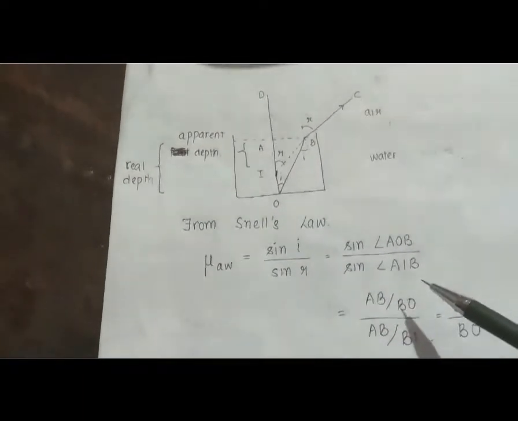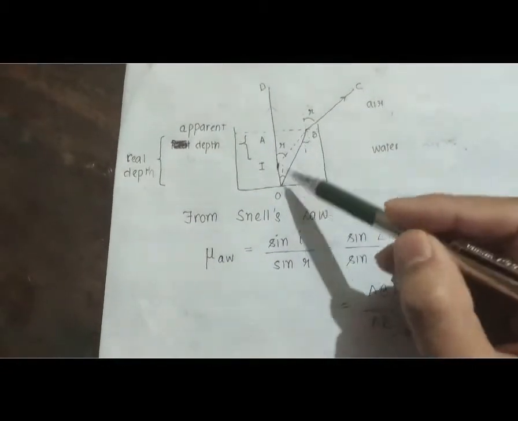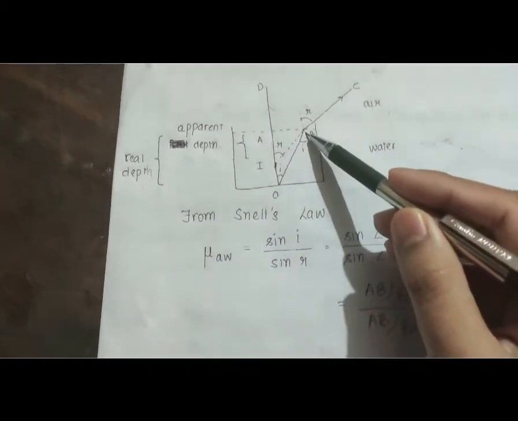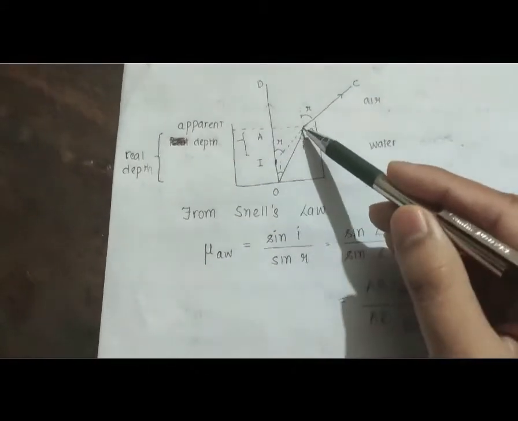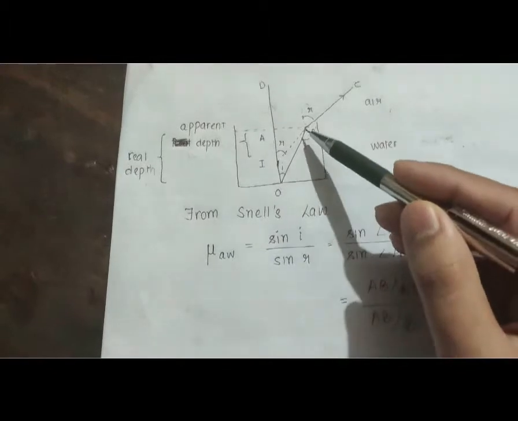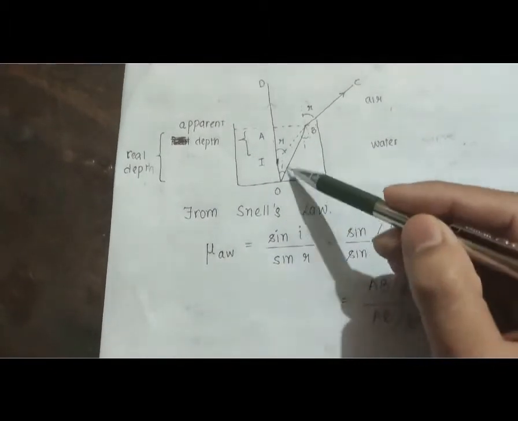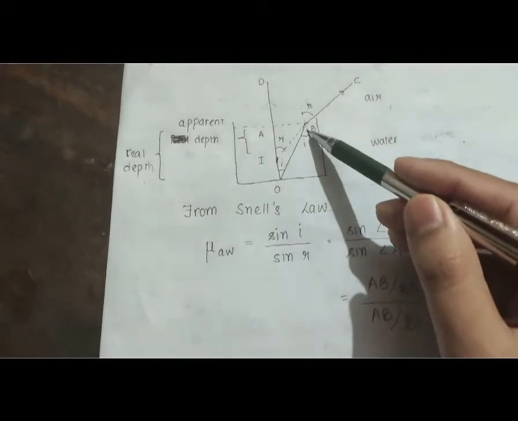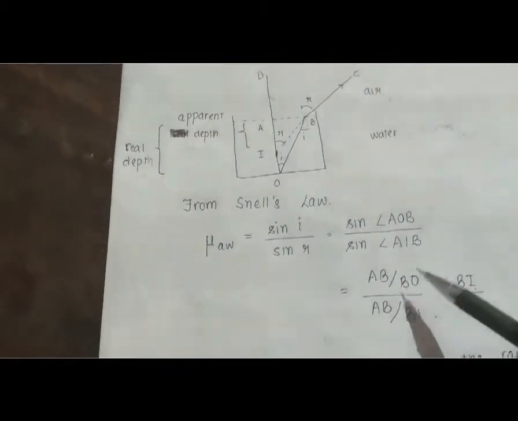Now consider your triangle AOB. We know what is the sine? Sine means your opposite side divided by hypotenuse. What is the opposite side? AB. What is the hypotenuse? BO. Clear? So I have written AB divided by BO.